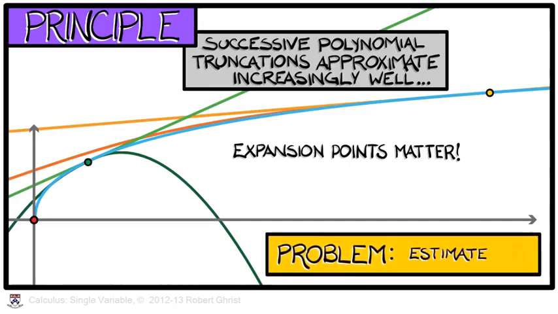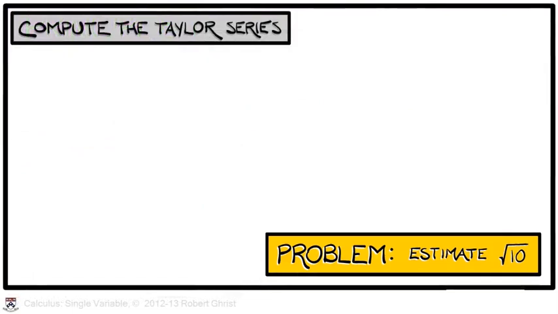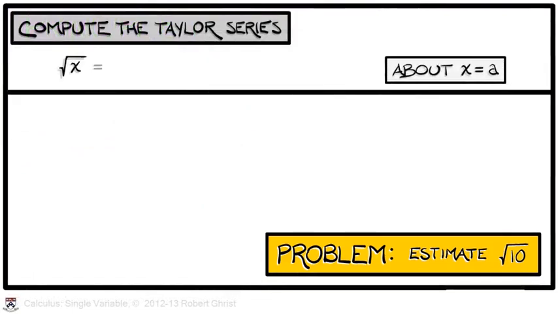Let's look at an explicit example. What would it take to estimate the square root of 10? Well, we would have to look at the Taylor series of the function square root of x.